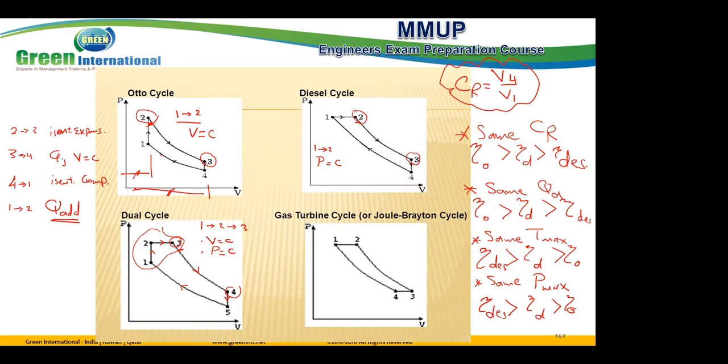If all reach the same maximum temperature, which one has higher efficiency?